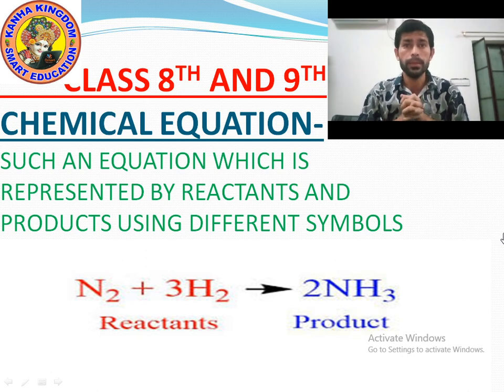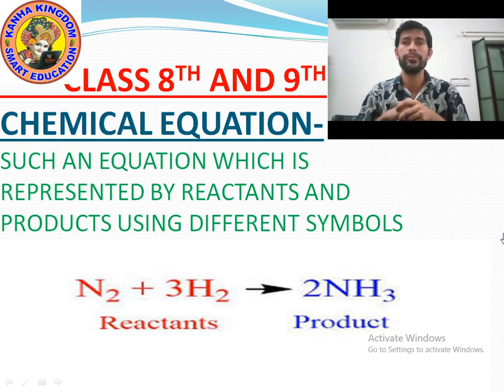If I ask you what is nitrogen, what is hydrogen? Nitrogen is a gas, hydrogen is a gas, but this equation is not representing that. How can I say nitrogen is a gas, hydrogen is a gas? So we need symbols.